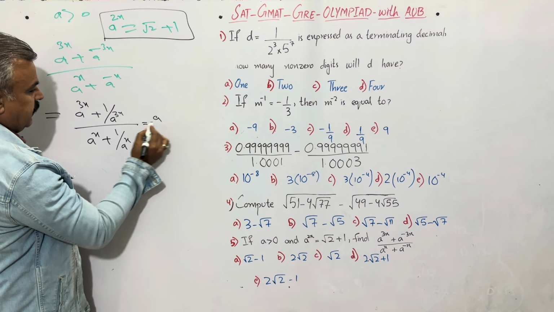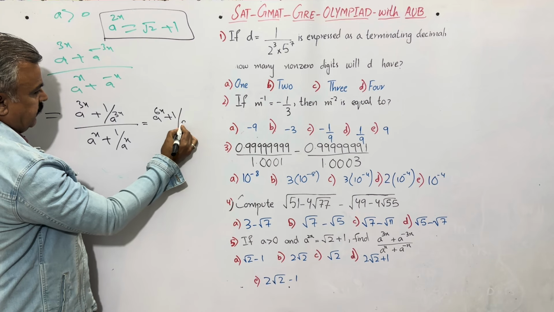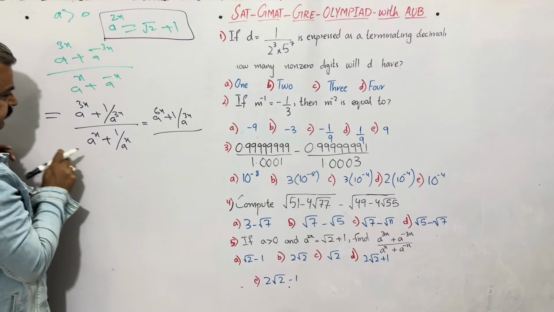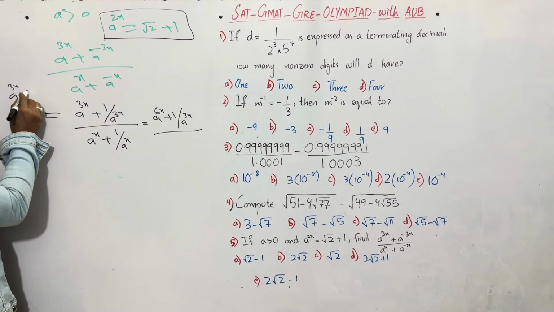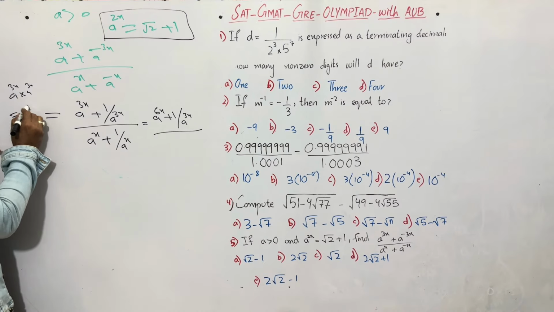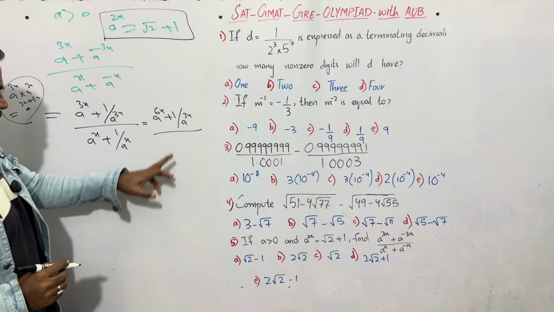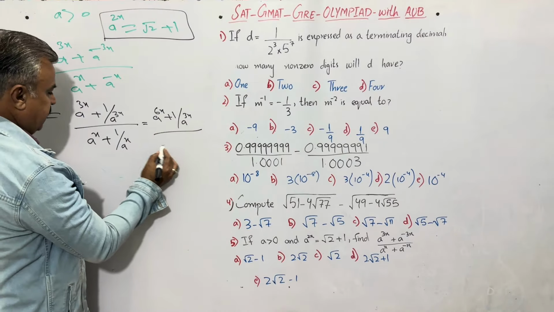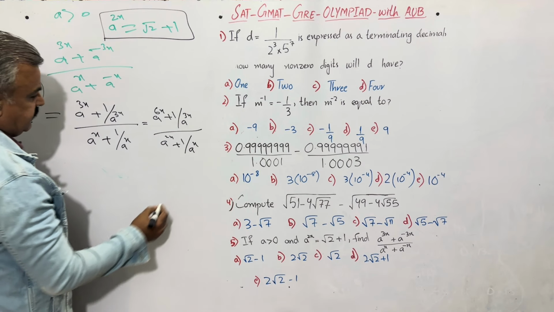Taking LCM here, it will become a raised 6x plus 1 divided by a raised 3x, since a raised 3x times a raised 3x, bases are same, add the powers 3x plus 3x, it will become a raised 6x. Similarly, taking LCM here, it will become a raised 2x plus 1 divided by a raised x.